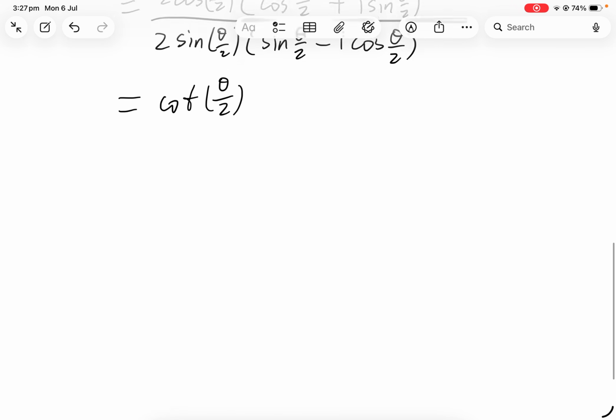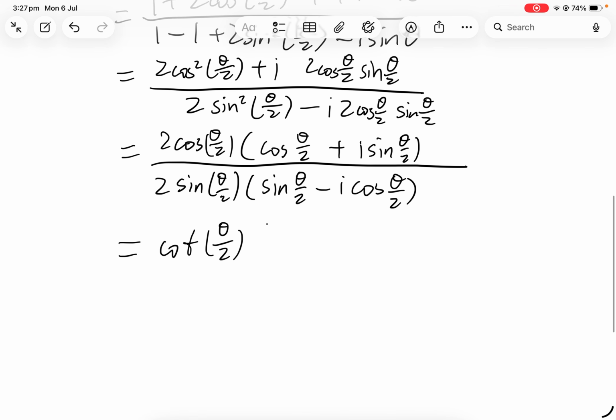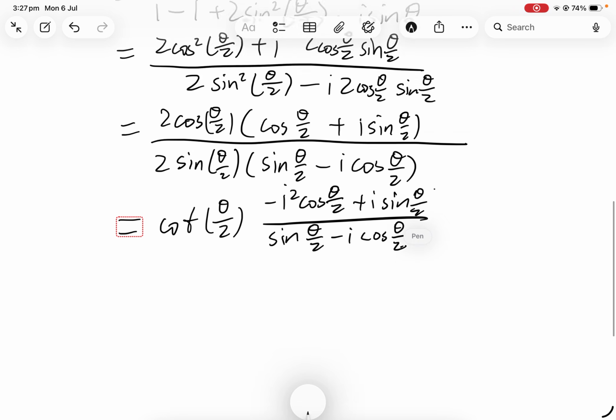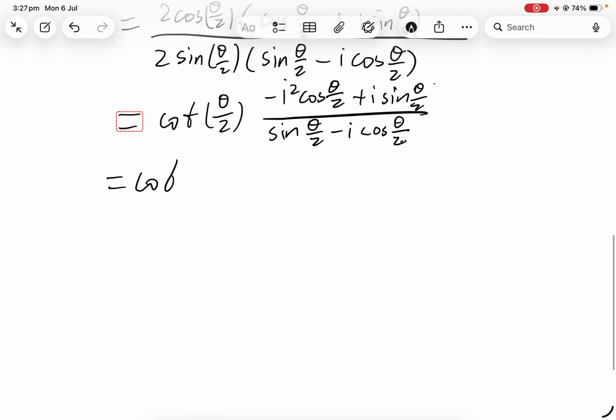Let's just try that. So we do negative i squared times (cos theta over 2 plus i sine theta over 2), and we leave the bottom the same: sine theta over 2 minus i cos theta over 2. That becomes cot theta over 2. And we take out the i, actually we just have to take out i.